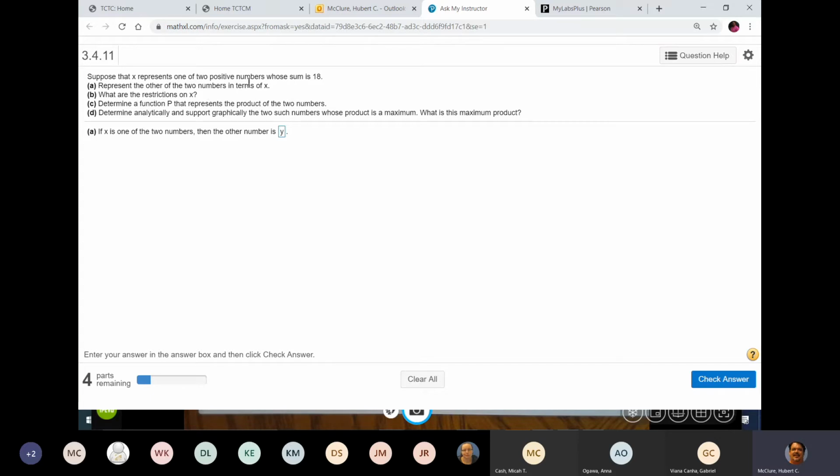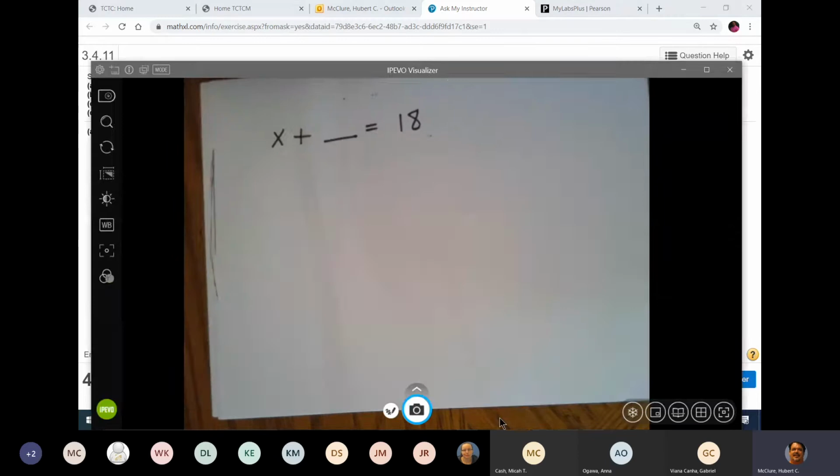This is a stupid question. Why do they even have this in here? Well, x plus something else is equal to 18. X plus blank is equal to 18. I'm just doing this because I've never seen this problem before.